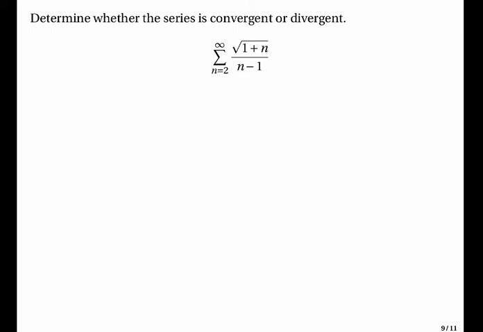Okay? So what I mean there is you can consider the term square root of n over n. Okay? Square root of n over n, or this is just 1 over square root of n. And try to compare this term with this term here. Okay, so if we consider the series with this term, this is a p-series with p equals 1/2, and that's less than 1.